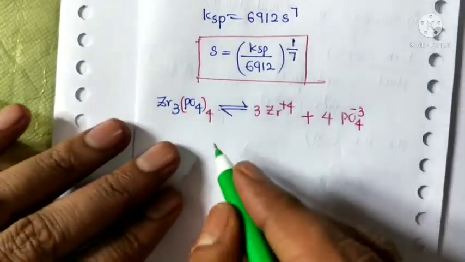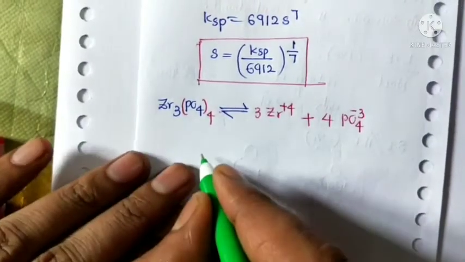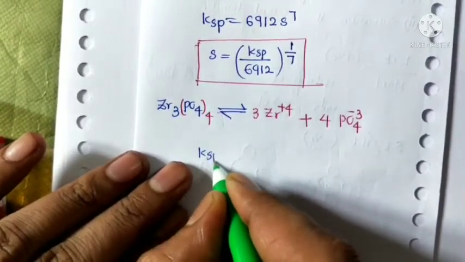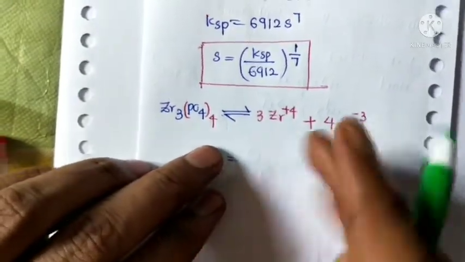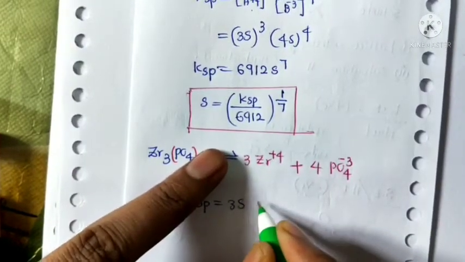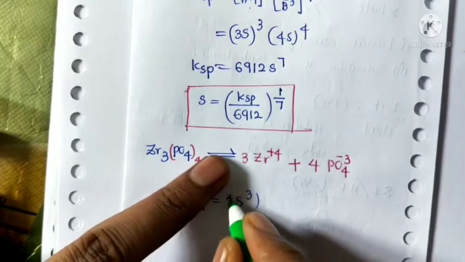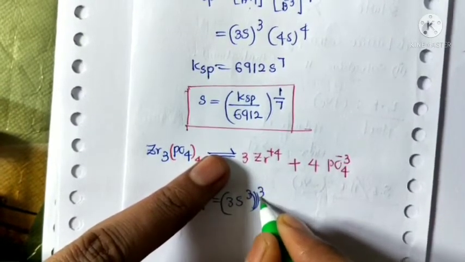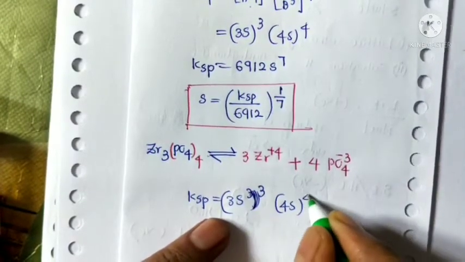Okay, it is clear: B minus 3, PO4 minus 3, 4 moles. So directly I will write the solubility product: 3s whole to the power of 3 and 4s whole to the power of 4.